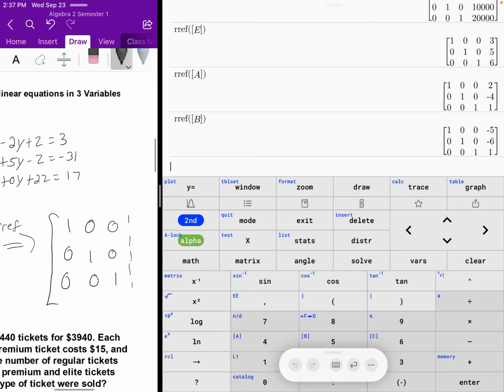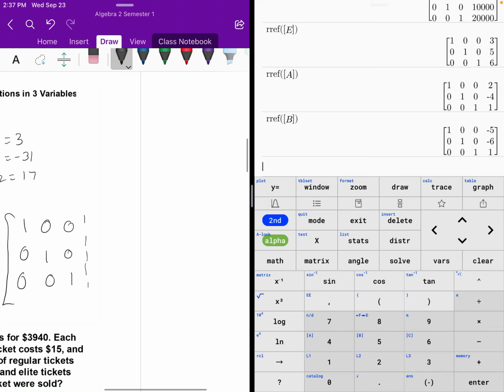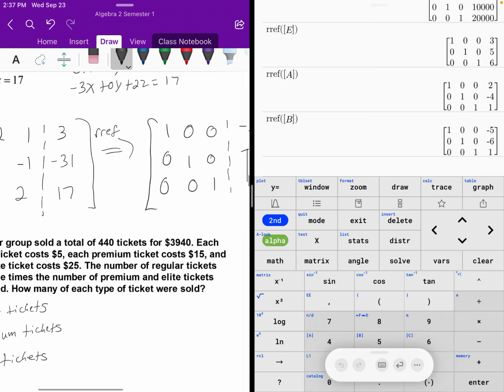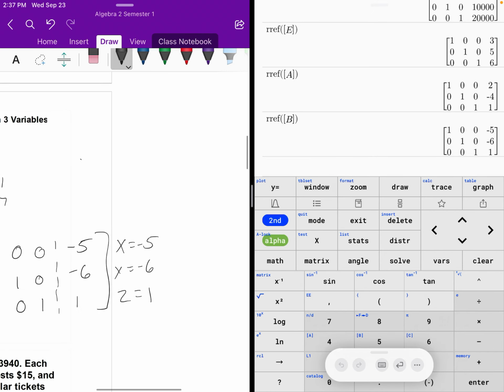Okay, so we got our diagonal. And then it was negative 5, negative 6, 1. And again, x equals negative 5, y equals negative 6, z equals 1. But we need to write our answer as an ordered triple. So negative 5, negative 6, 1.